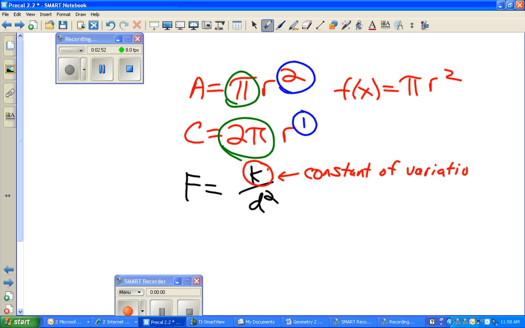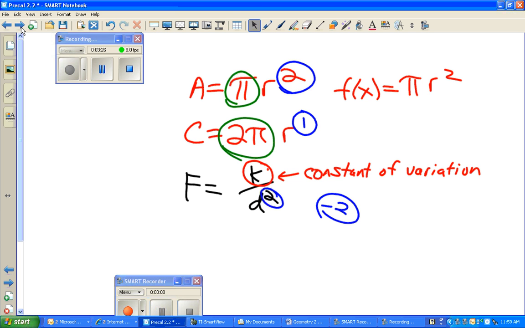And our power is actually -2, because notice that d squared is in the denominator, so the power is -2. When the power is positive, we say that there is a direct variation between f of x and x, and when the power is negative, or if it's in the denominator, we say it's an indirect or inverse variation.